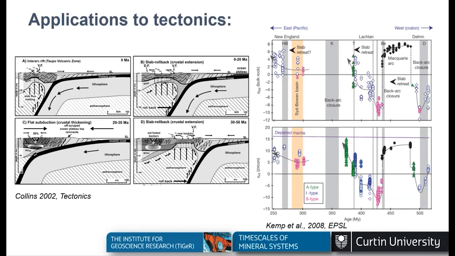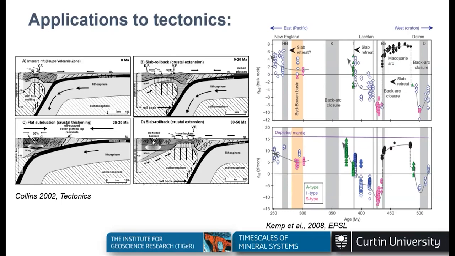So in some periods of time, the slab's going to be quite dense and it's going to be rolling back. And what's going to happen then is you're going to extend the crust in the back arc. And when you extend the crust, you'll get more juvenile magmas coming into that back arc area. Whereas, if the slab is more buoyant, it's going to push forward, and that's going to push the back arc into compression, and you're going to get more crustal reworking and less mantle additions during the compressional periods.